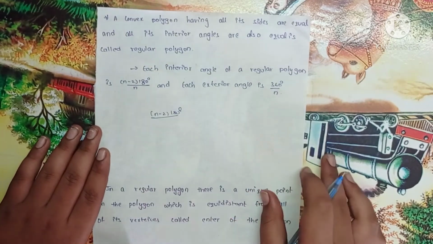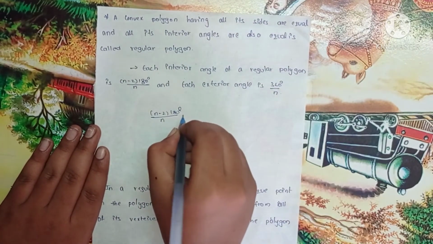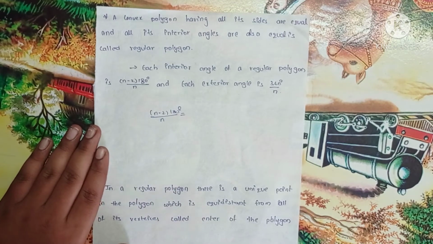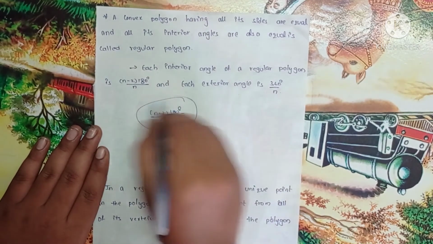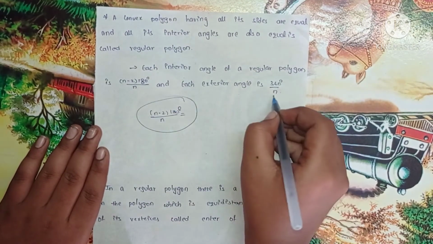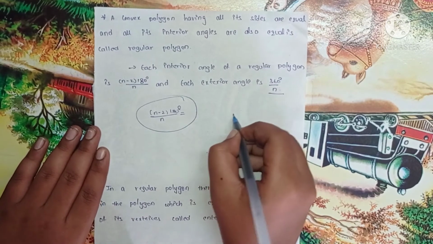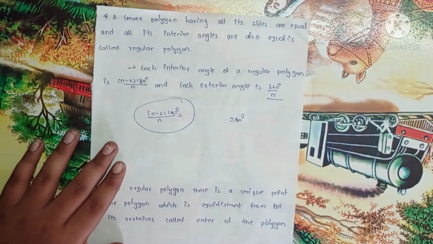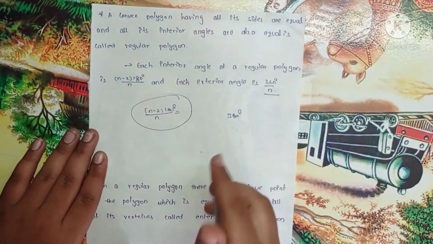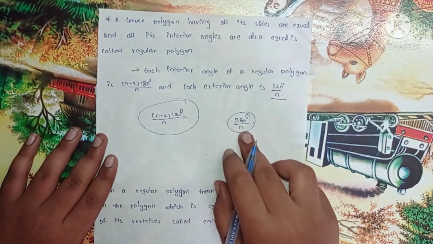In a regular polygon all angles are equal, so we can divide by n, which gives us each interior angle of a regular polygon. And we know that the sum of all exterior angles is 360 degrees. In a regular polygon the exterior angles are also equal, so we can divide by n, which gives us each exterior angle.